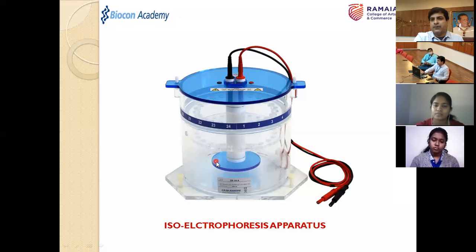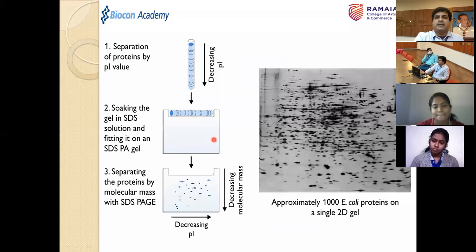Again, you have to choose the particular pH regions for your protein of interest, and the proteins will move to the respective pH zones where they reach their isoelectric point, and it becomes a zwitterion. So there will be no effect of electrophoresis. Understood? So that is the first dimension.